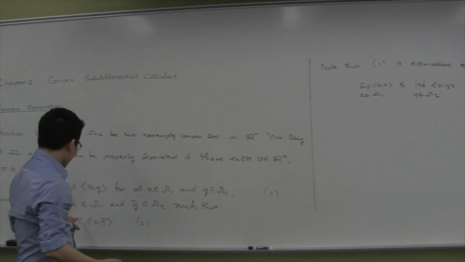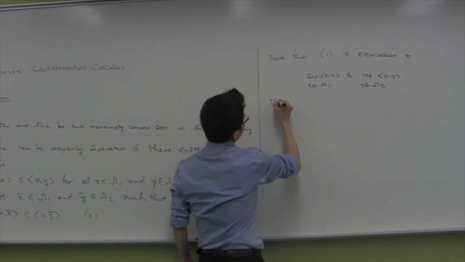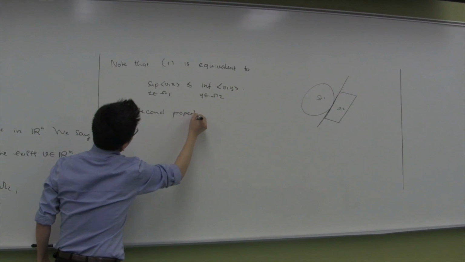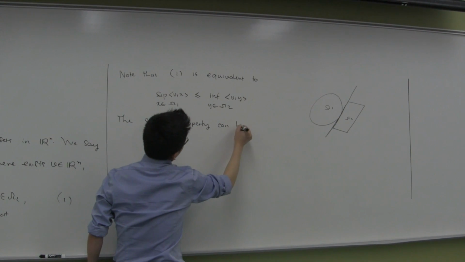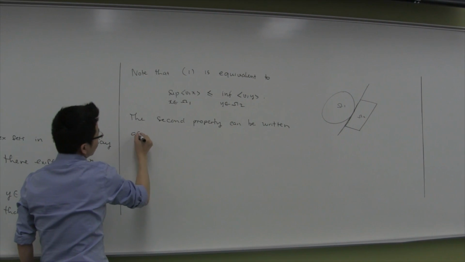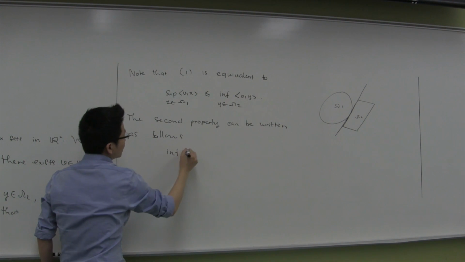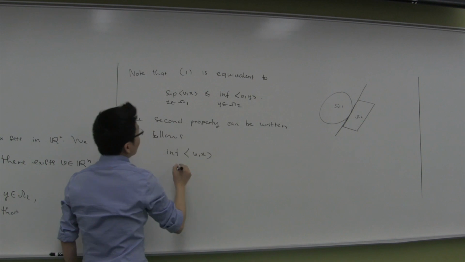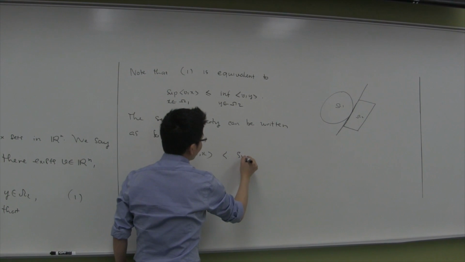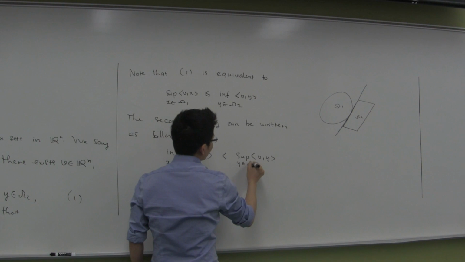And the second property here can be written as follows. The infimum of the inner product of V and X, where X is in omega 1, is strictly less than the supremum of the inner product of V and Y, where Y is in omega 2. Okay?